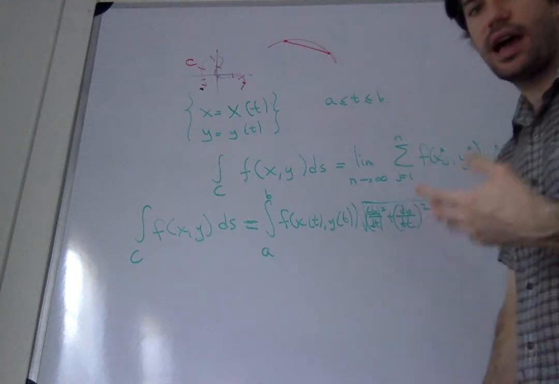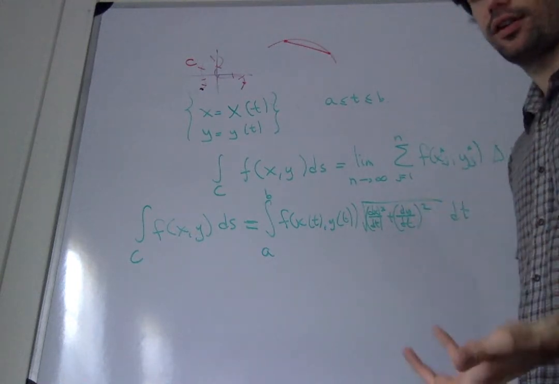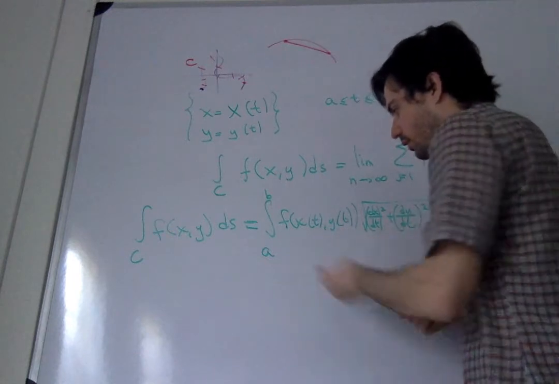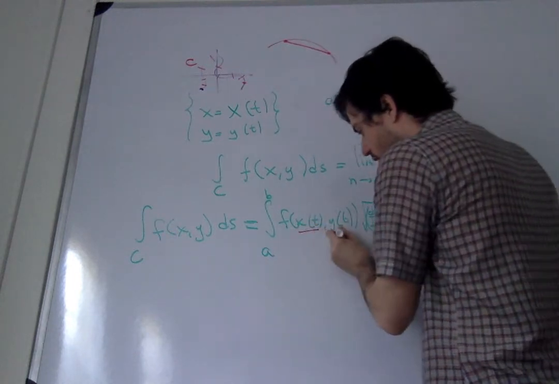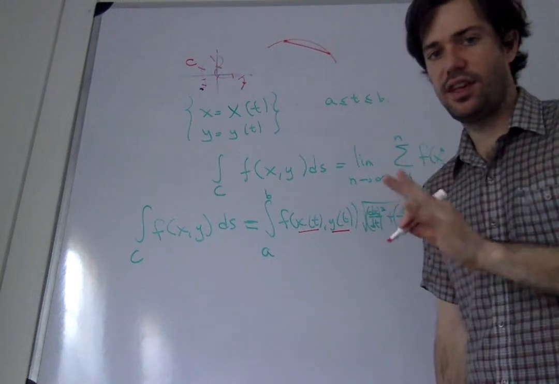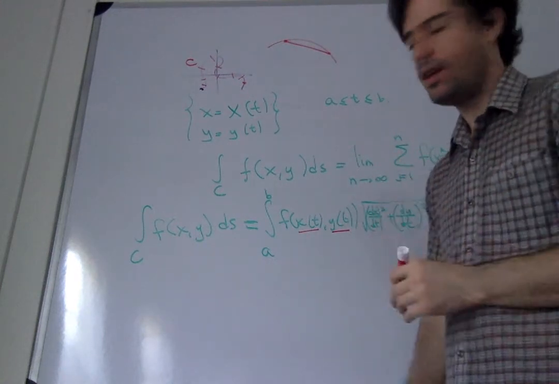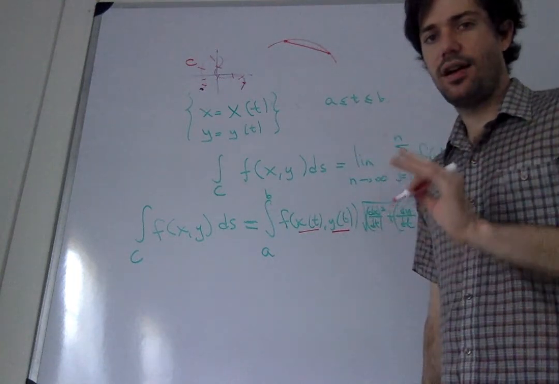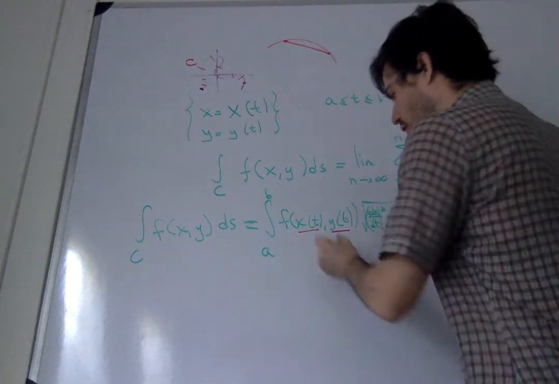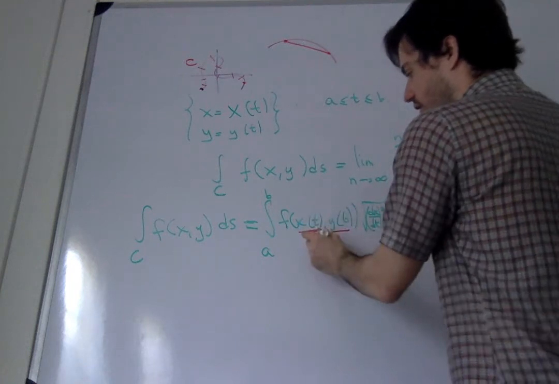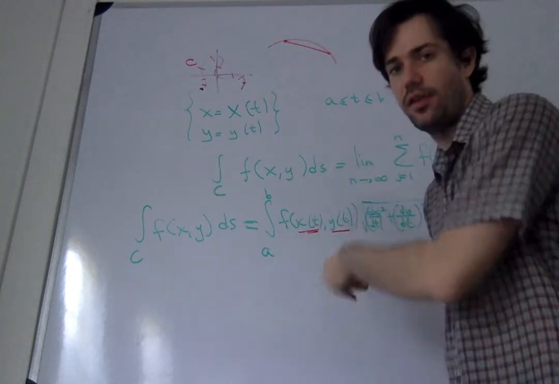How do we code the curve into our equation? That's where x(t) and y(t) come in, as the curve C is defined. So this is x(t) on the curve, y(t) on the curve. What value of x is this? Whatever value of x it is at that given value of t.